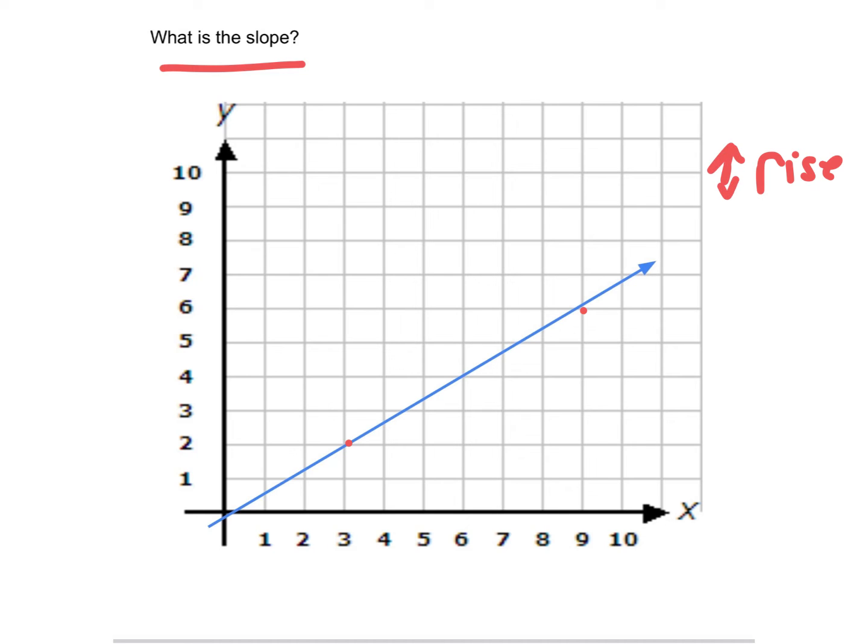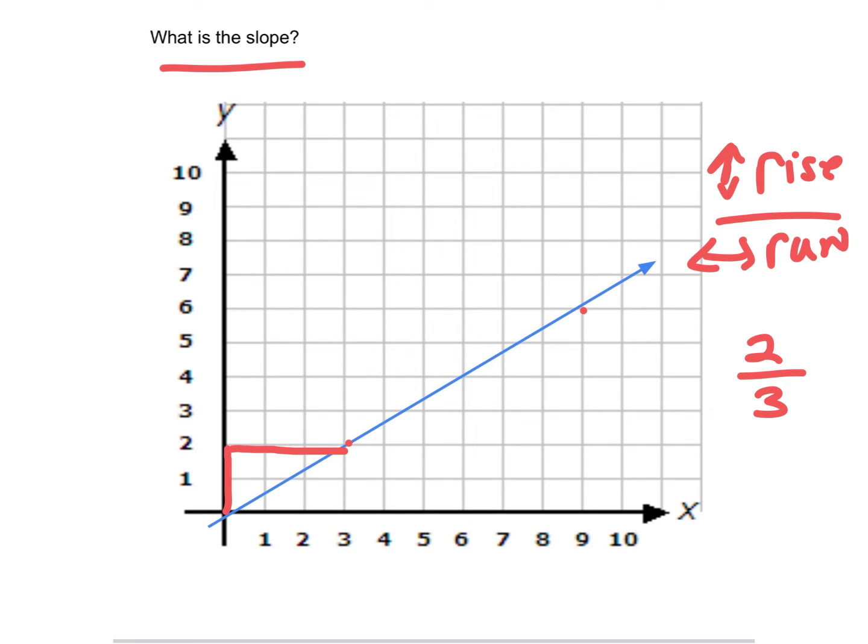Rise is up or down, and run is always you're running one way or the other, right? So we're going to go rise up to 2, and we're coming across here to the 3. So my slope on this graph is 2 over 3.